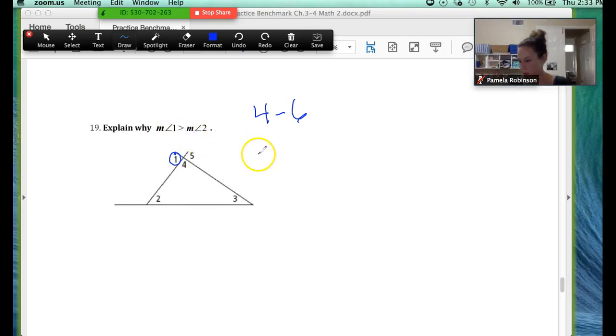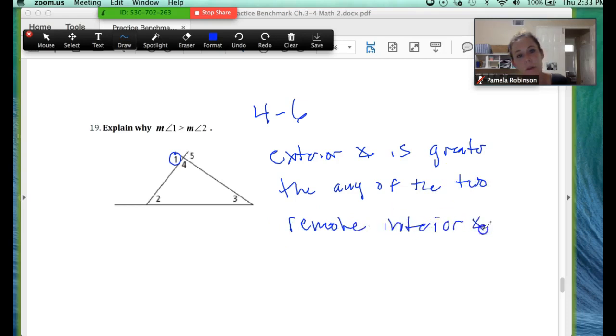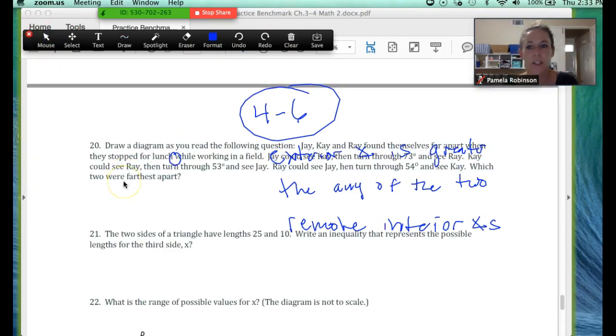Because the measure of an exterior angle is greater than either of the two remote interiors. That is a theorem in section 4-6. Go look, it's a corollary. If you're not sure about that one or you didn't learn it very well, go back and review it. All right, let's do number 20.